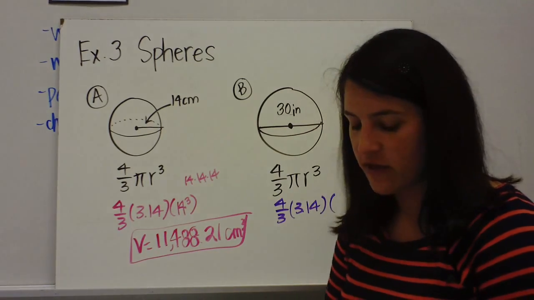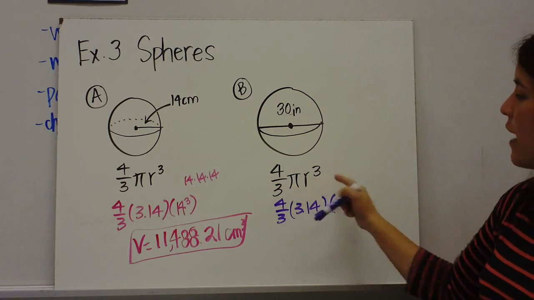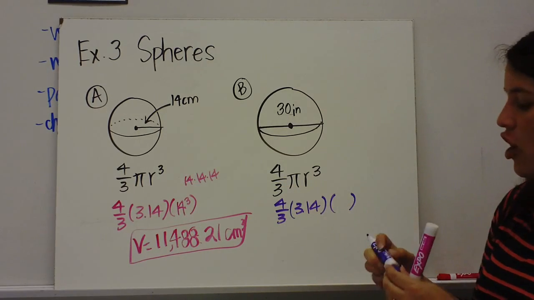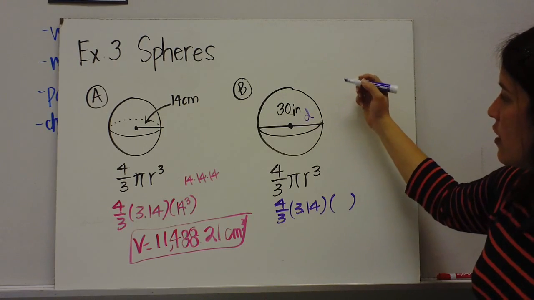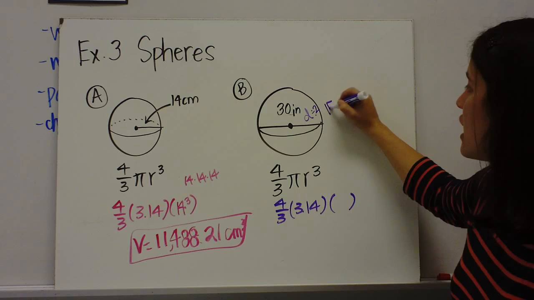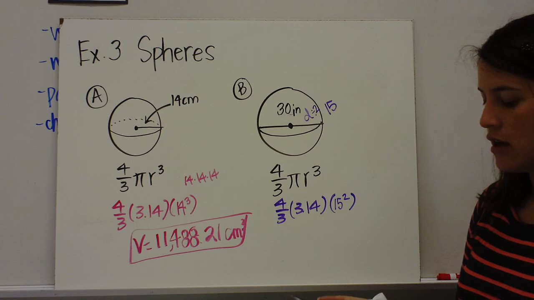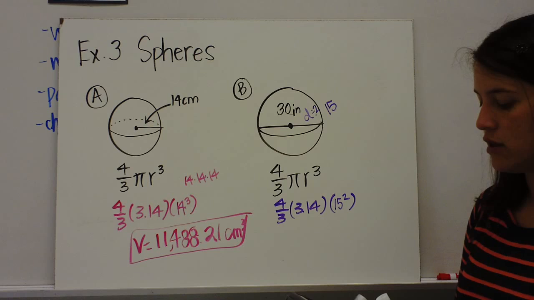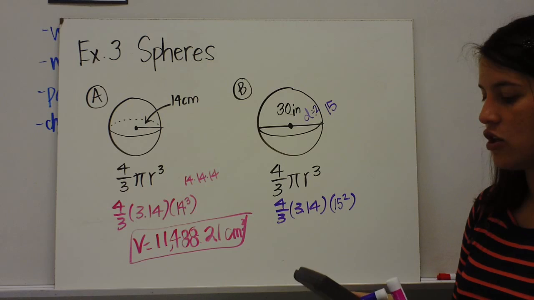Let's do sphere B together. 4/3 pi r cubed. Again, 30 inches. This is the diameter, so we have to divide it by 2. 30 divided by 2 is 15, so that is my radius. 15 cubed. 4/3 times pi times 15 cubed.